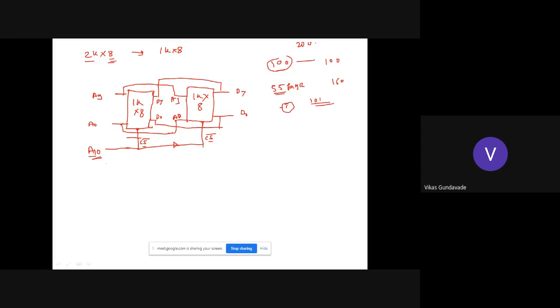If this A10 line is 0, by default the first memory will get selected. And if the A10 line is 1, then after inverting, it is interfaced to the second memory chip, so the second memory will get enabled. Depending upon the status of the A10 pin, either the first memory or the second memory will get enabled. Everyone understood it?